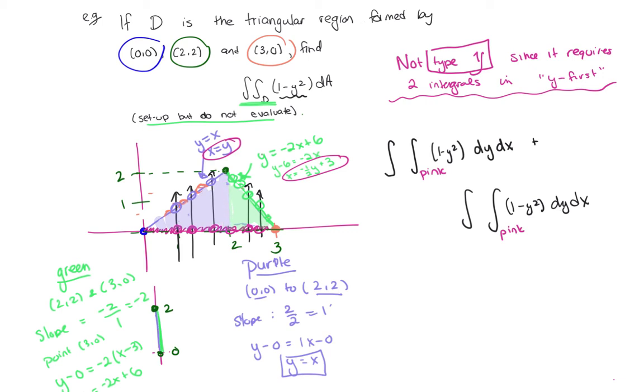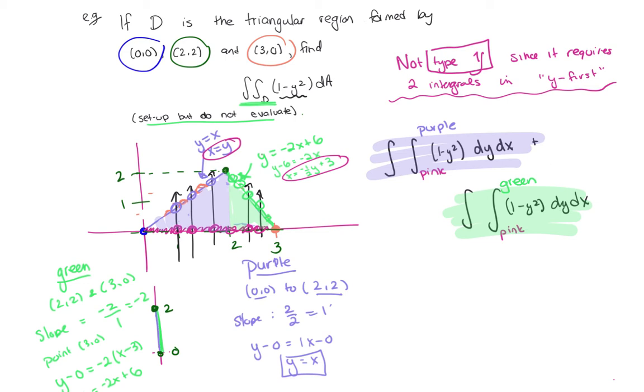And so in the purple region, I'm going to go from the pink curve to that purple curve. And in this green region, when I move in the direction of that y-axis, I go from pink to green. So those are the two different integrals we need. They both start at the pink curve for y. One goes up to purple, one goes up to green.